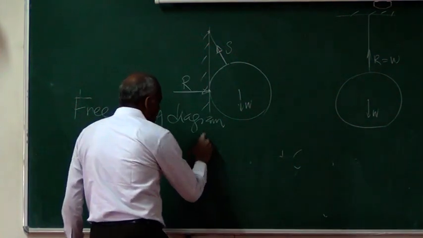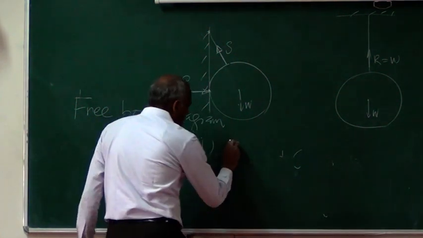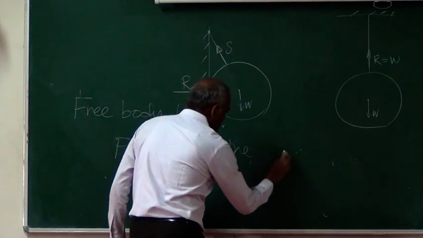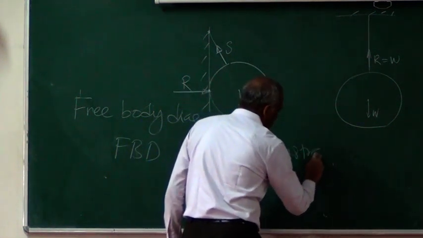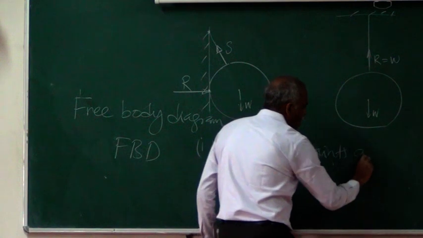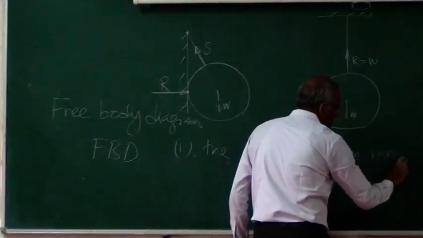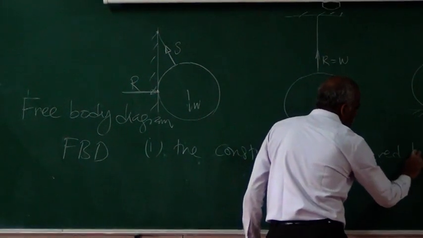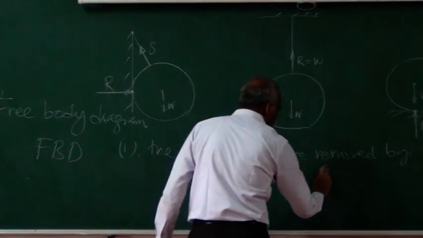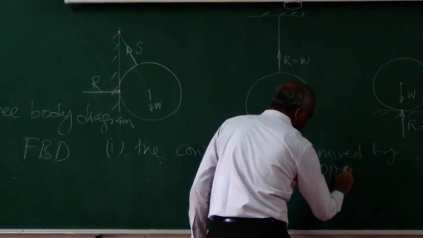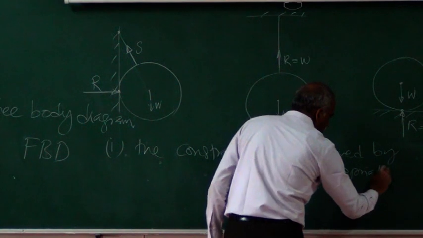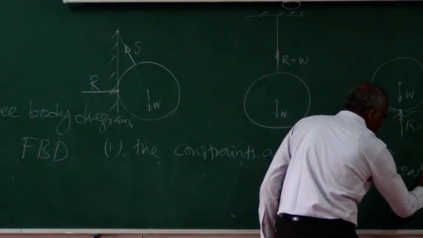The first thing is that a free body diagram is a diagram where the constraints are removed by appropriate reactions.